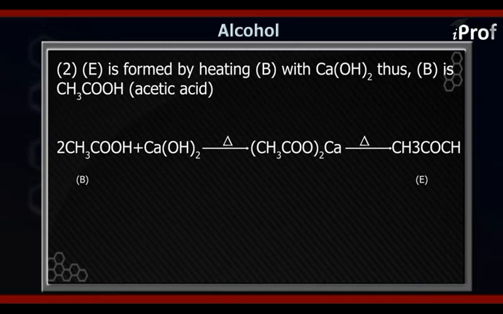Now when you heat acetic acid with the calcium hydroxide, first of all you get the calcium salt of the carboxylic acid, and the second thing you do is heat that substance, which causes the cleavage of the bonds. So therefore the structure B has to be acetic acid and structure E has to be a ketone. There is no other option left.